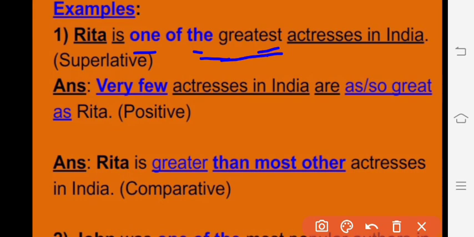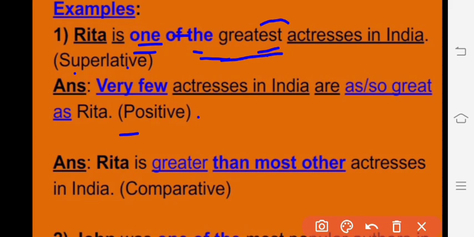So here is the first example: Rita is one of the greatest actresses in India. This is called superlative degree because the est form is given with one of the. If you want to convert into positive degree, remove one of the and apply very few.